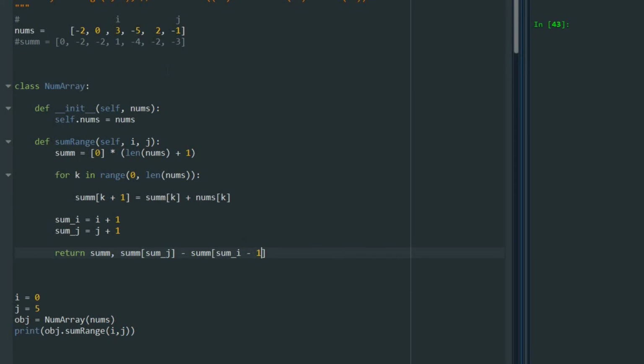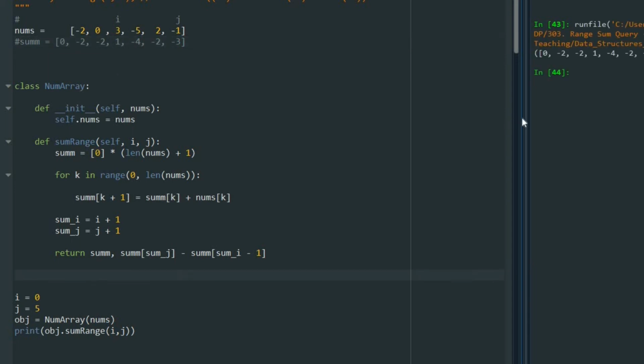Why is minus 1? Because we said that up to this point, we are not going to include that point. So, for example, here i was 3, j was minus 1. When we try to see the summation between these 2 points, we said that minus 3 minus minus 2. 1 before i. So, that's going to be the result.